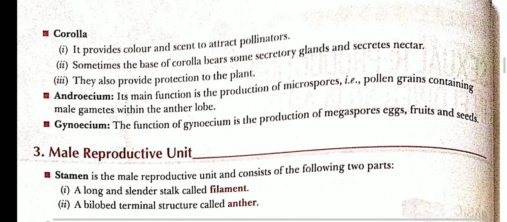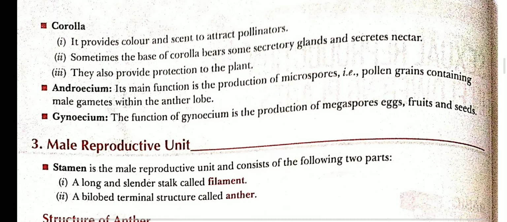Corolla, as I said, is colored and also has scent, hence it attracts the pollinators for pollination, and sometimes the base of the corolla bears secretory glands which secrete nectar, and hence it is also meant for the attraction of insects for pollination. So, it also provides protection to the plant.